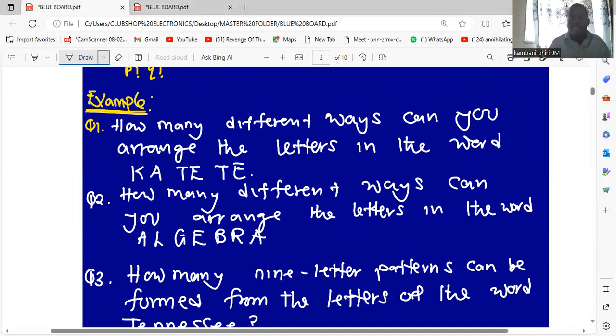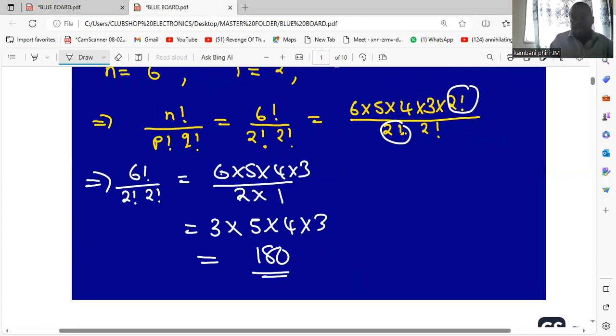So there are about 380 ways that you can arrange those letters.